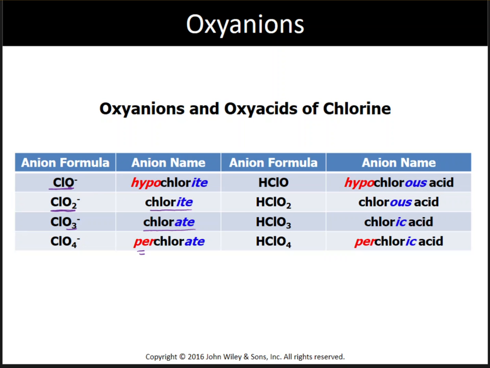The only other oxyanions in this format are going to be with bromine and iodine. So these are the two that you need to know for now. So you get bromate, perbromate, and hypobromite. So iodate, iodite, periodate, and hypoiodite.